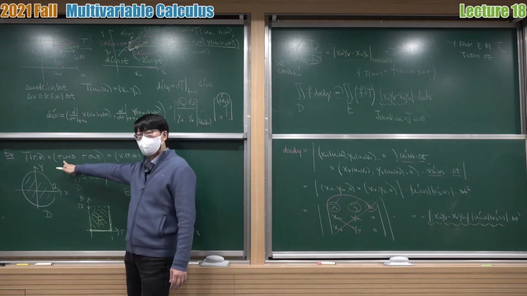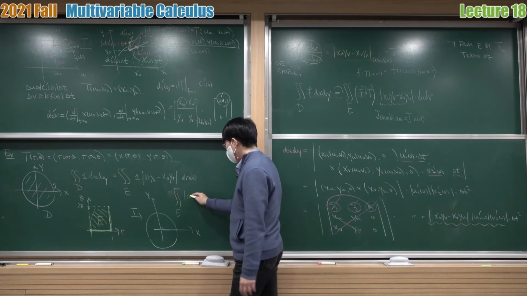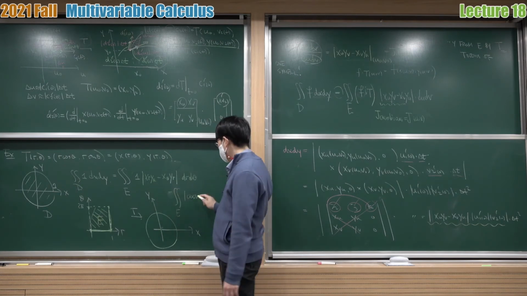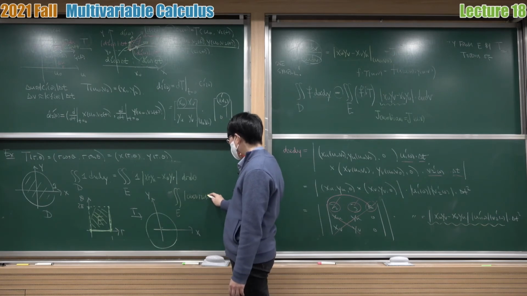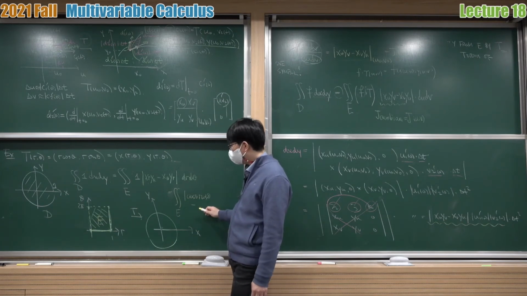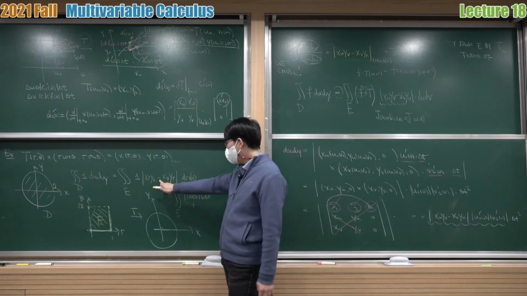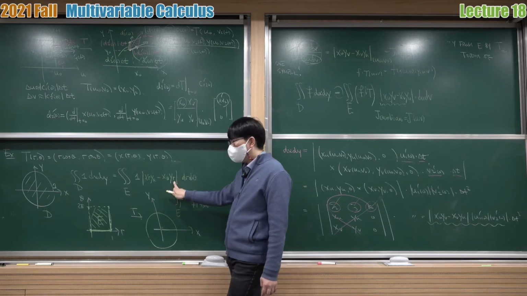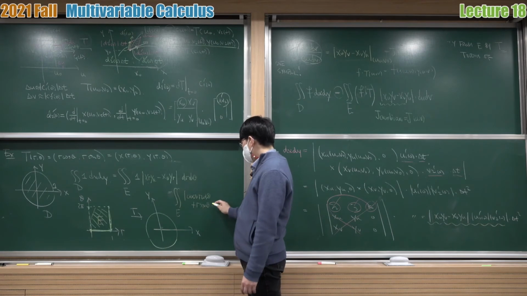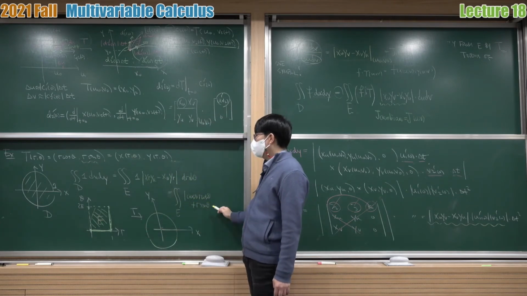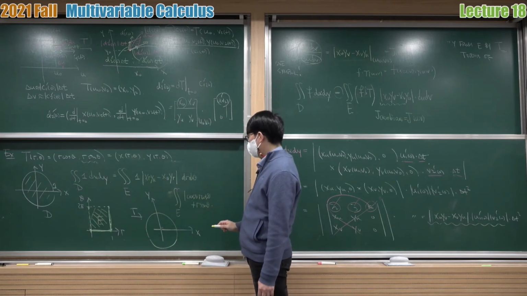And what's x_r? What do you get after taking the derivative? Cosine theta. And then y_theta? r cosine theta. And x_theta? Right, so you have minus, so you get plus r sine theta. And x_r, y_r? y is this guy, just the sine theta, right?